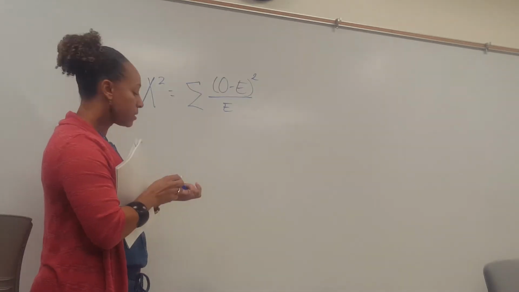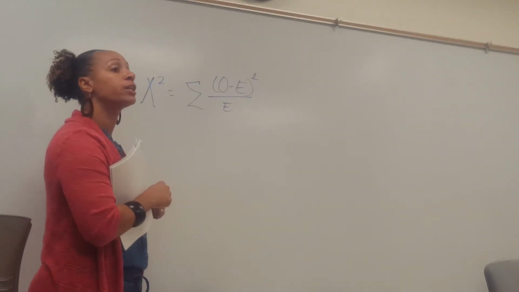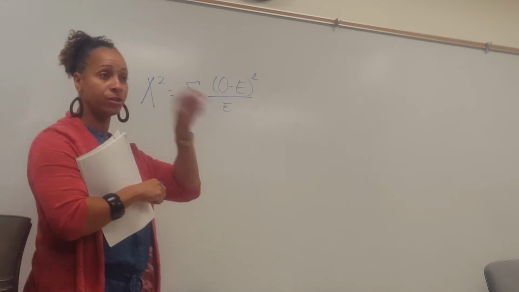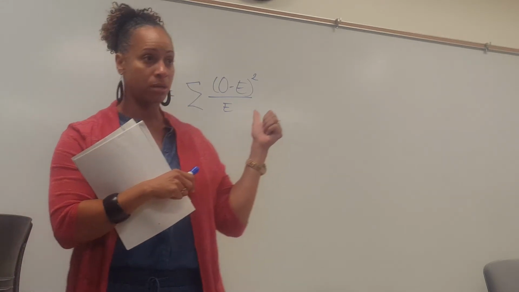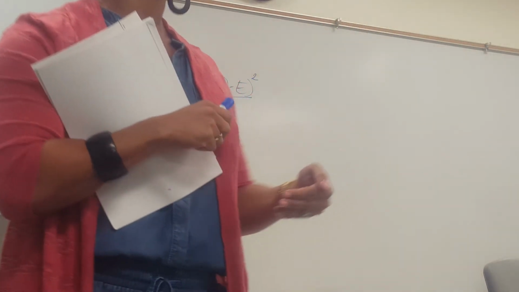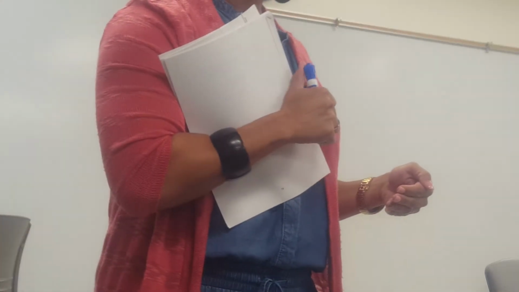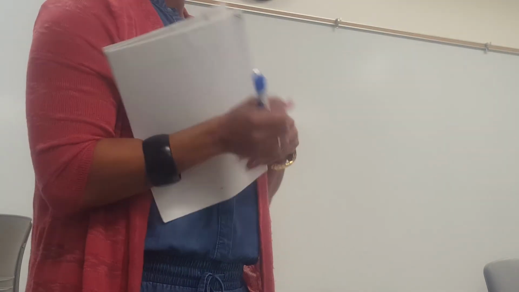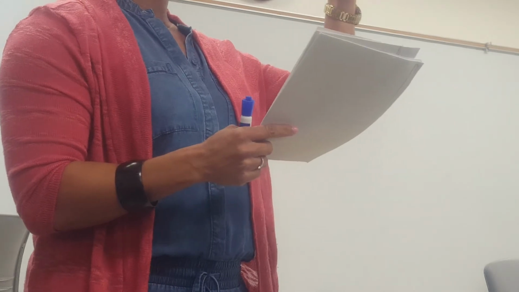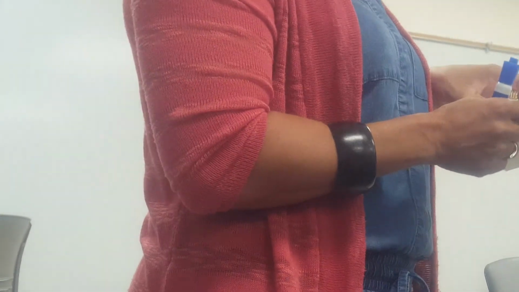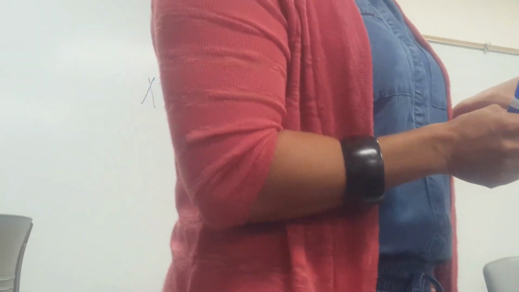Okay? And so the sum means that you have to do it for each of your scenarios. You have to do it for when you had 2 heads, you need to do a chi-squared. Okay? So the chi-squared is the sum of all of those. Does that make sense? So you're going to take all of your observed minus your expected, square it, and then divide it by your expected. That gives you your chi-squared number.